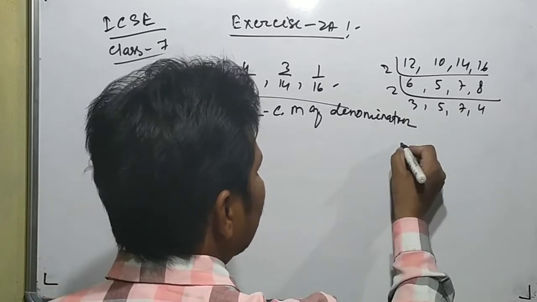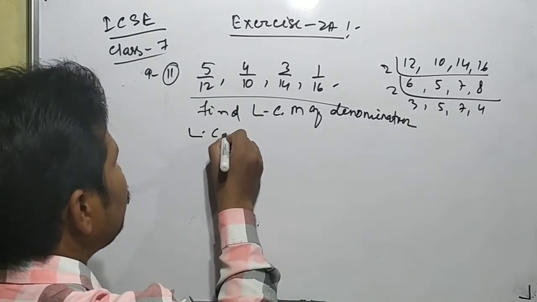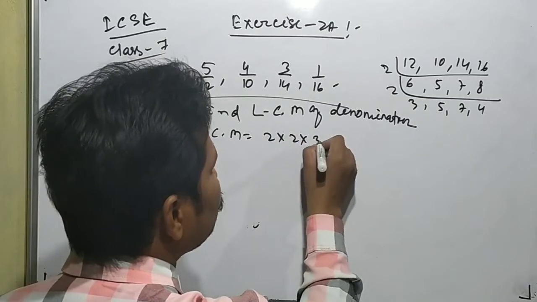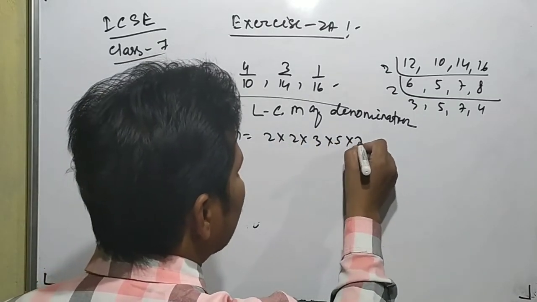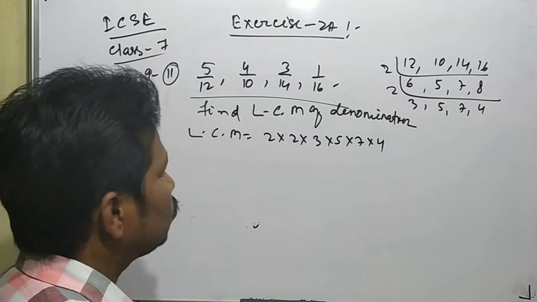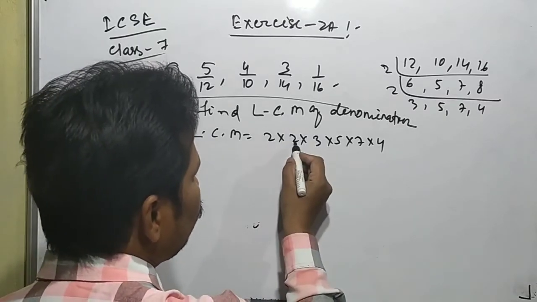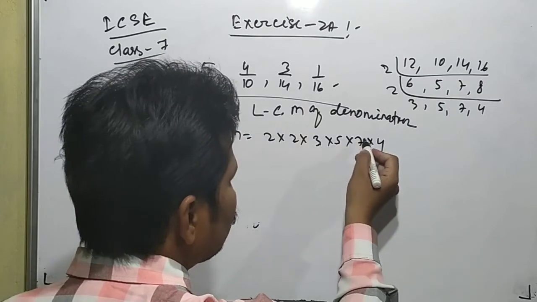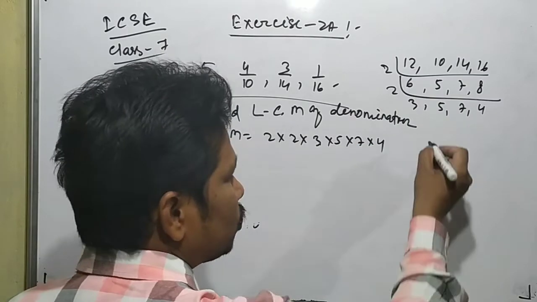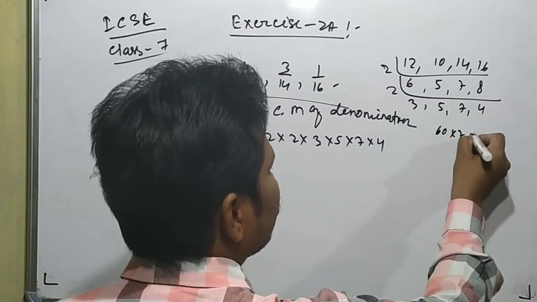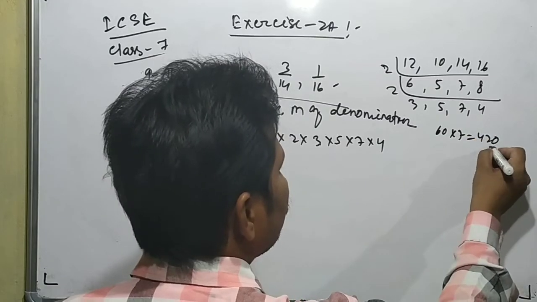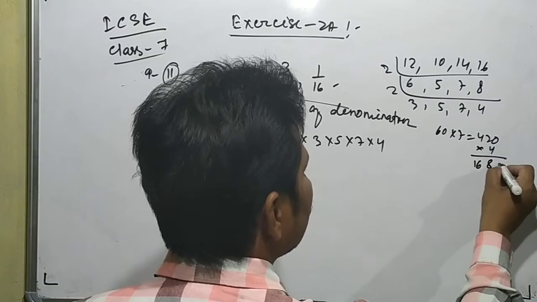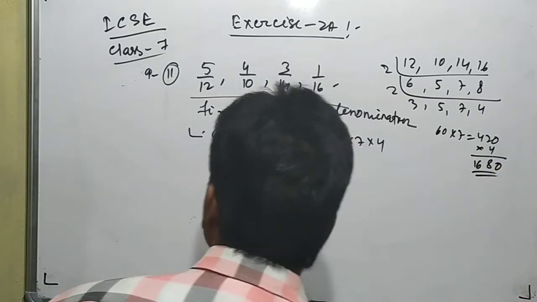So our LCM equals 2 into 2 into 3 into 5 into 7 into 4. 2 into 2 is 4, 4 into 3 is 12, 12 into 5 is 60, 60 into 7 is 420, 420 into 4 is 1680.